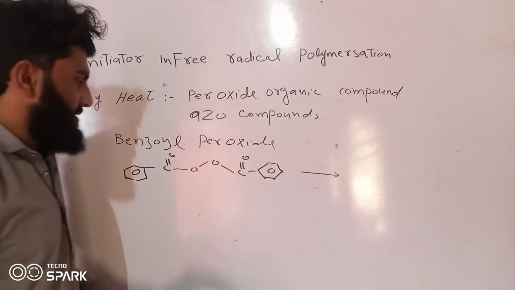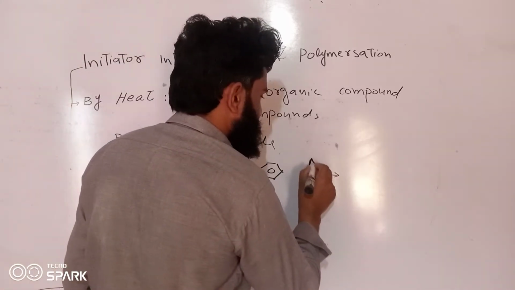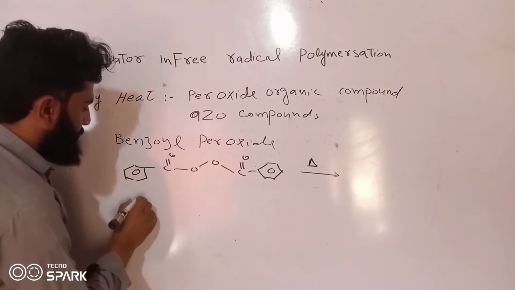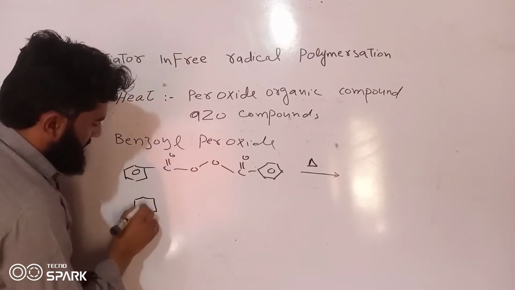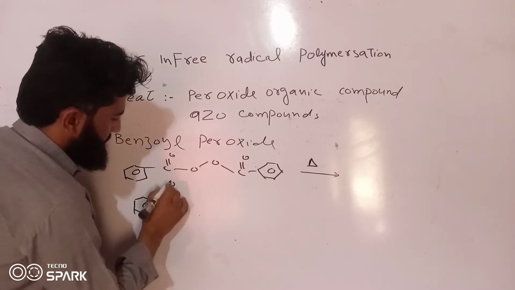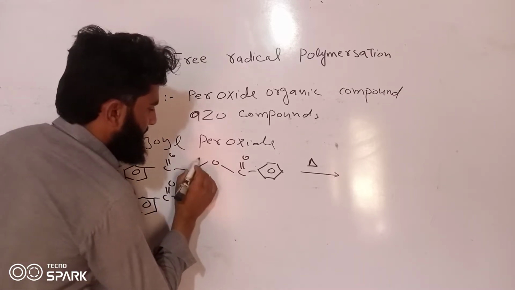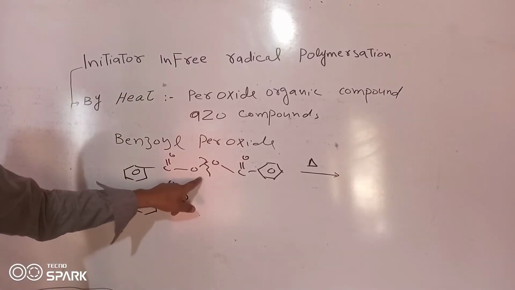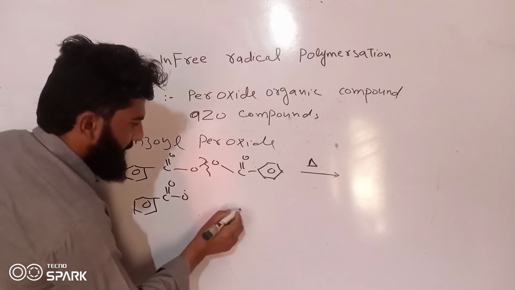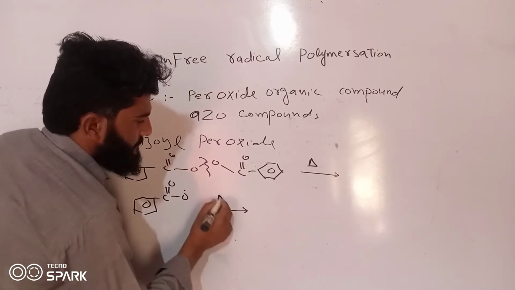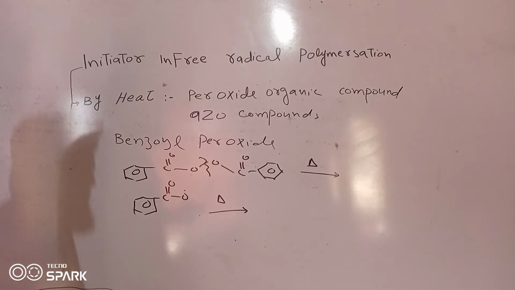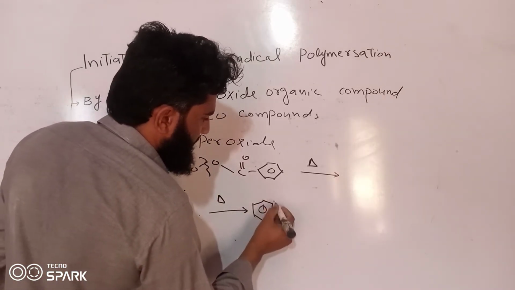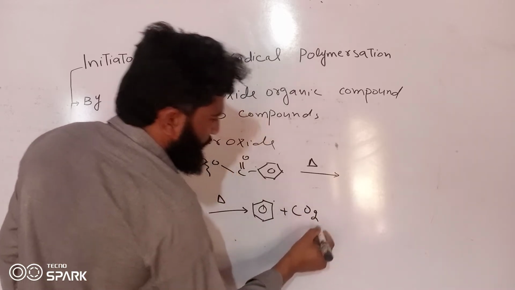When we heat it, we produce several types of radicals. In the first step, it produces an intermediate. Homolytically, this bond breaks up. If we heat further, this radical is formed plus CO2.